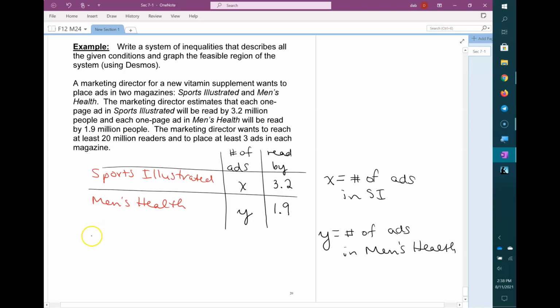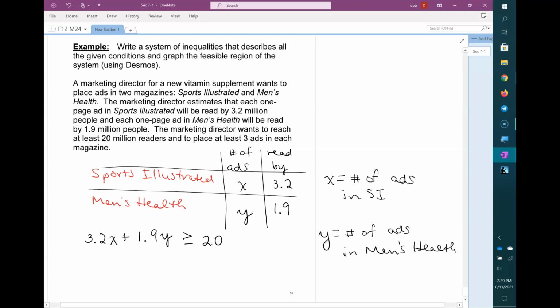So each ad in Sports Illustrated gets seen by 3.2 million. So 3.2 times the X will be the total number of people that see the ads, plus 1.9 Y will be the number in the Men's Health, and you want to be at least, so you want to be more than or equal to the 20 million readers.